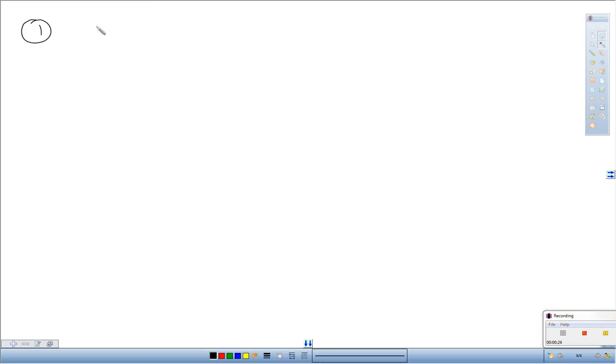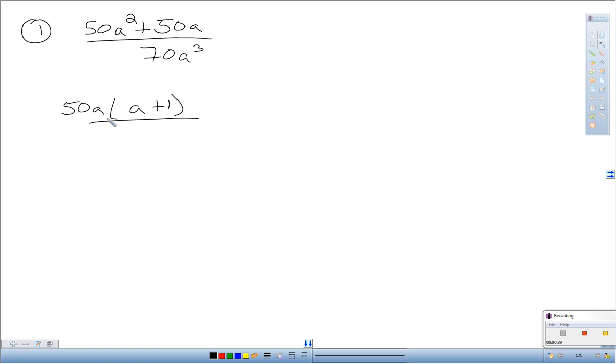The first problem is 50a squared plus 50a over 70a cubed, and it wants me to simplify this. So I'm going to factor out a 50a. That'll leave me a plus 1 over 70a cubed.